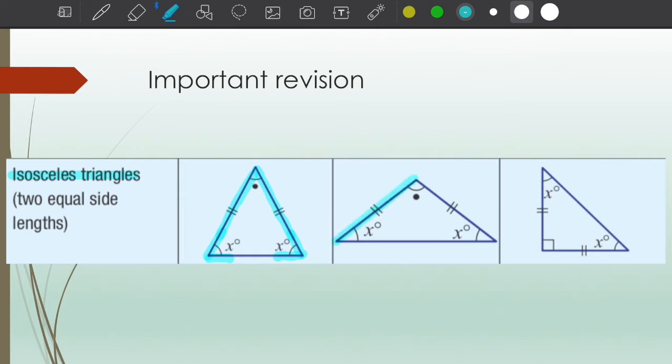Doesn't matter what the shape, what the size of the triangle is, if it's wide, if it's skinny, if it's got a right angle at the top. The angles and the two sides are the same, and we're going to use that property to solve a lot of questions we're going to see today.